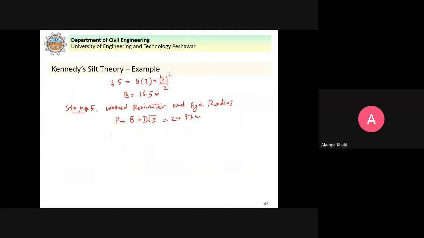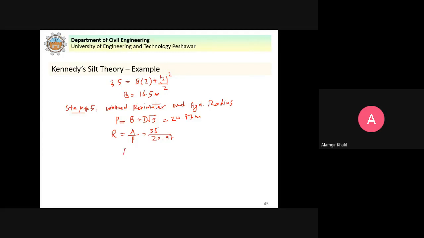Now we can calculate the hydraulic mean depth or hydraulic radius. That is equal to area A divided by the wetted perimeter. We know that the area is 35 square meter, and the wetted perimeter we just calculated is 20.97.